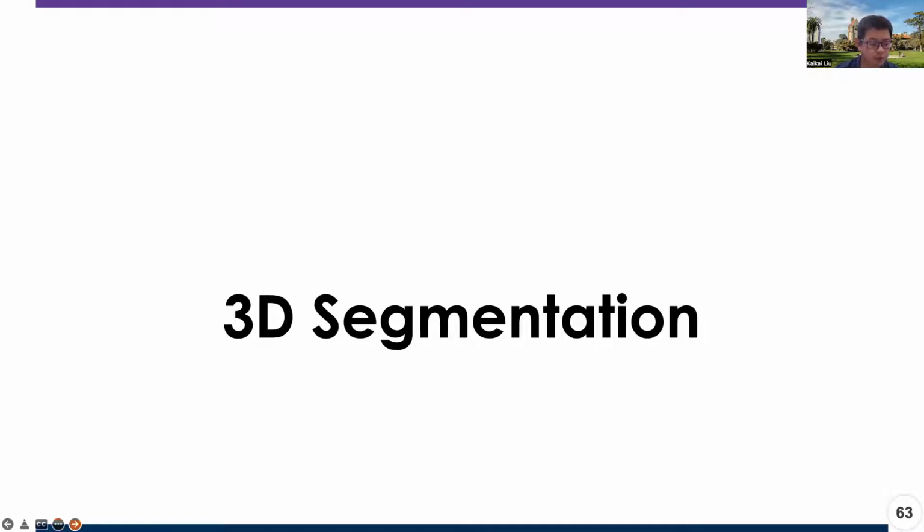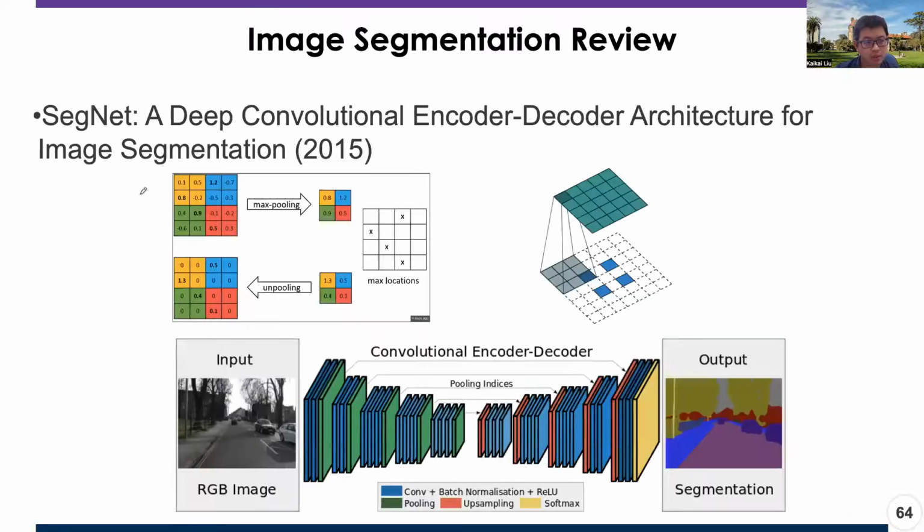Now let's first take a look at some of the 3D segmentation applications. Before we talk about 3D segmentation, let's first review. You can actually see the same slides in the previous class. We do some basic review. What is segmentation, and what kind of neural network architecture do we usually apply for segmentation?